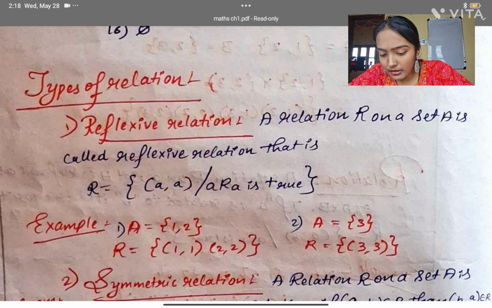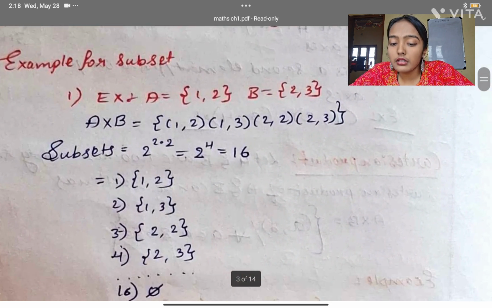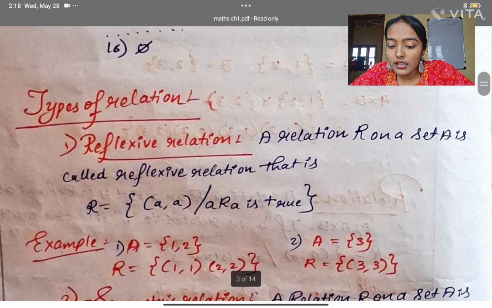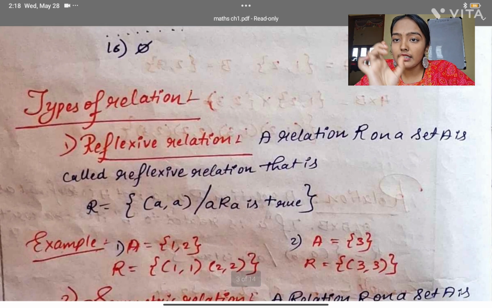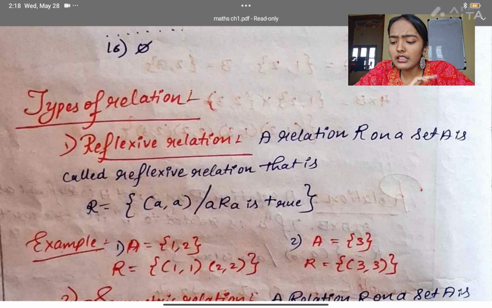See, if we are talking about relation, as I already showed in the upper questions, if the first element is equal to the second element, and these two are specifically the same, there is no change, then it's a reflexive relation.